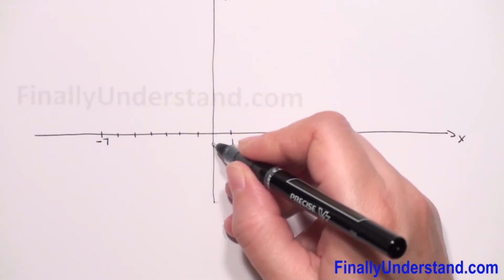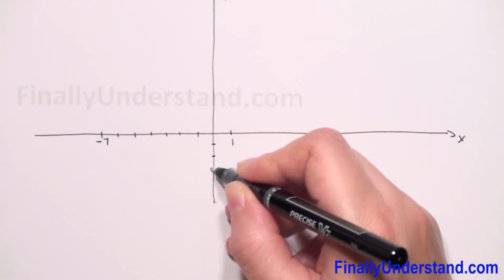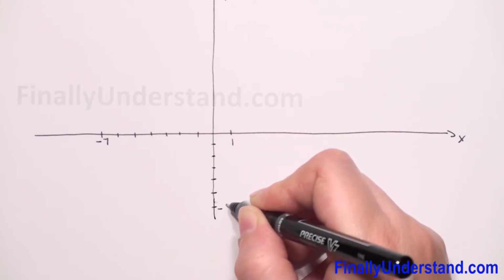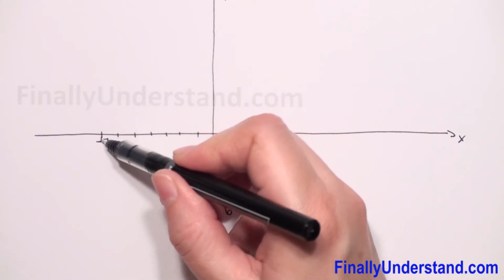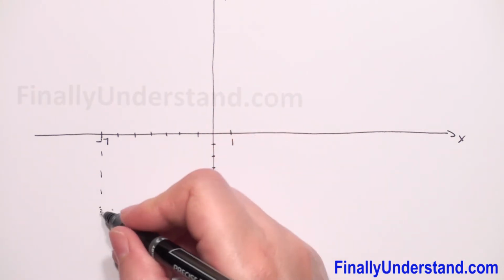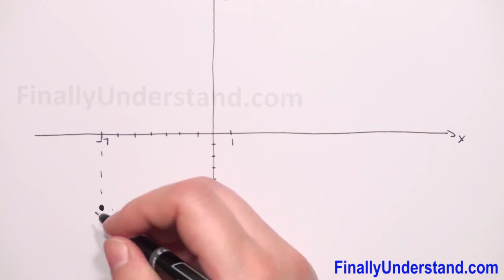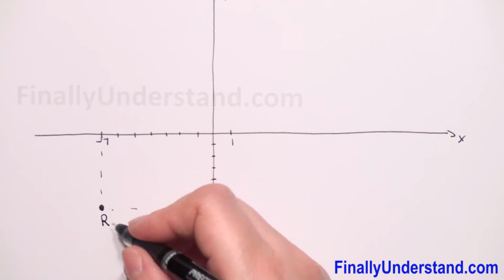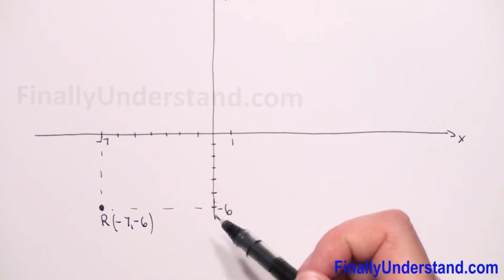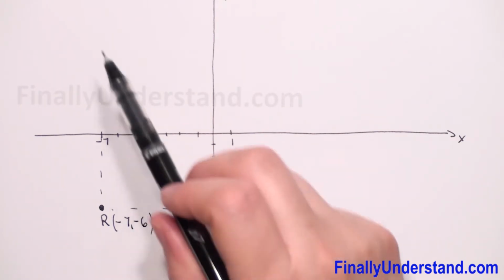So we will have 1, 2, 3, 4, 5, 6. So our R point will be approximately here, -7, -6 coordinates.